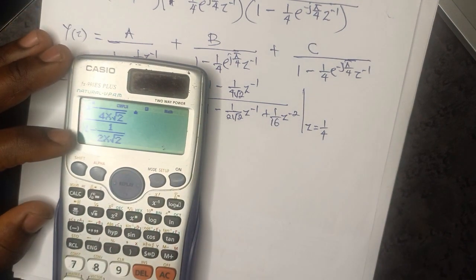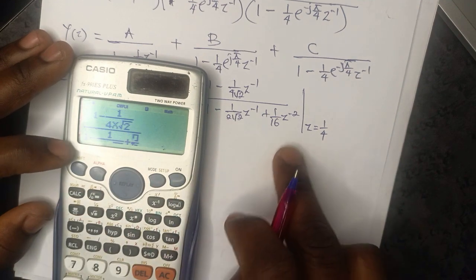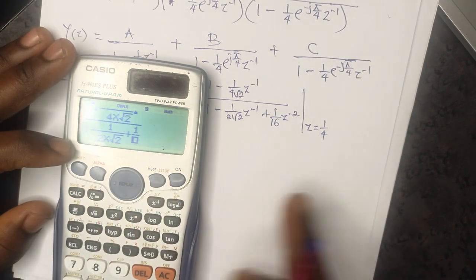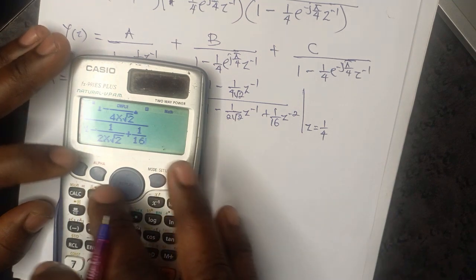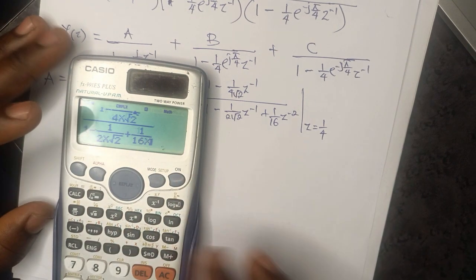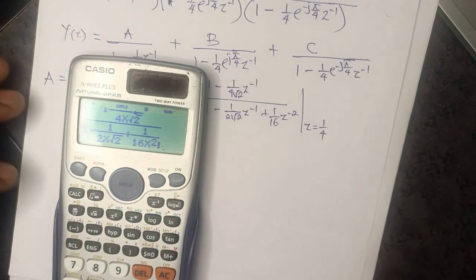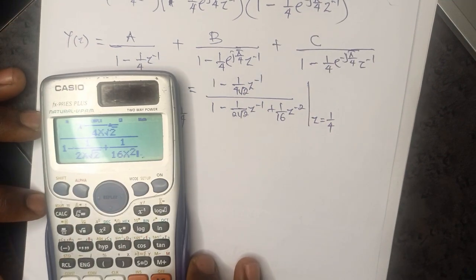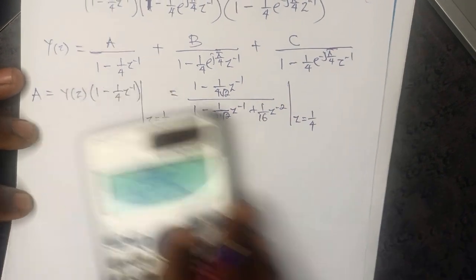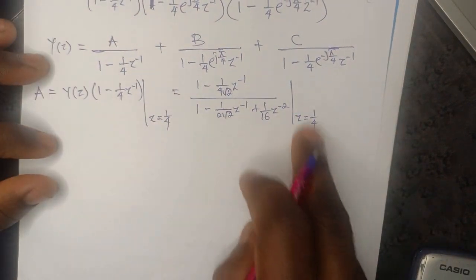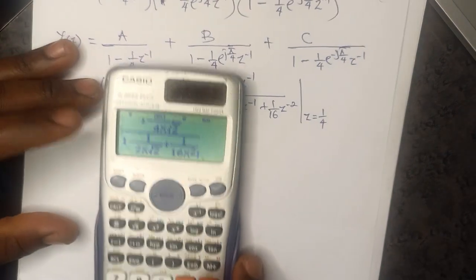The other one is plus 1 all over 16 x squared. Okay, so now that we have entered the entire expression, we now want to substitute 1 all over 4. That's what we want to substitute.